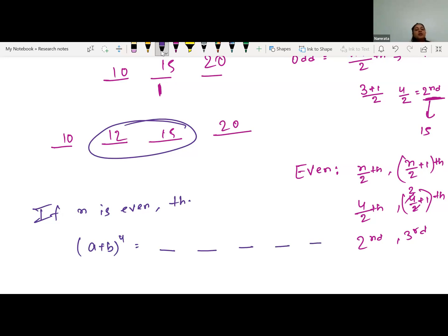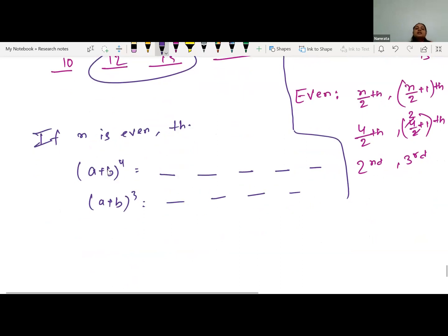We get one more term by doing the binomial expansion. Similarly, when the power was 3, we used to get 4 terms. When the power is 4, we get 5 terms. When the power is 5, we get 6 terms. So when n is even, when the power is an even number, the number of terms will be odd. Are you understanding it? Yes, ma'am.